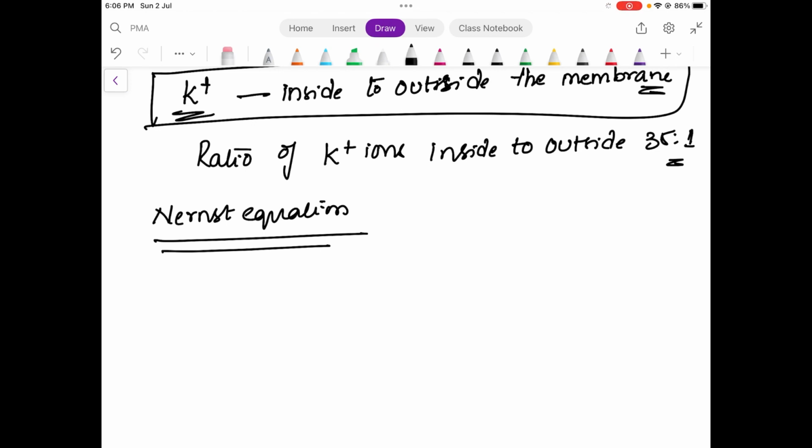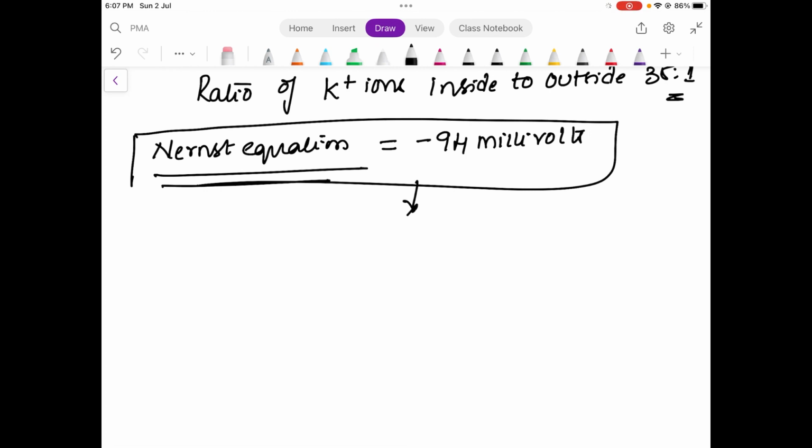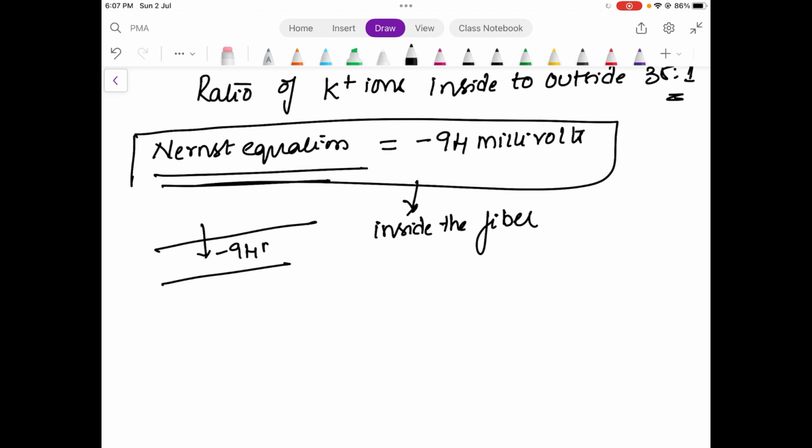If you substitute the potassium value in that Nernst equation, we'll get a potential of potassium diffusion around minus 94 millivolts. And this minus 94 millivolts is inside the nerve fiber, which is caused due to diffusion of potassium from inside to outside.